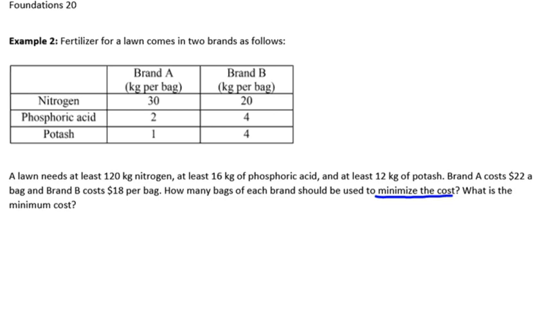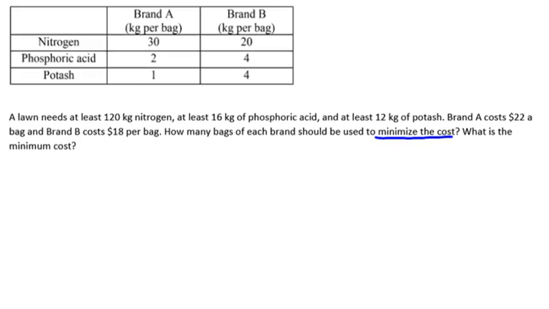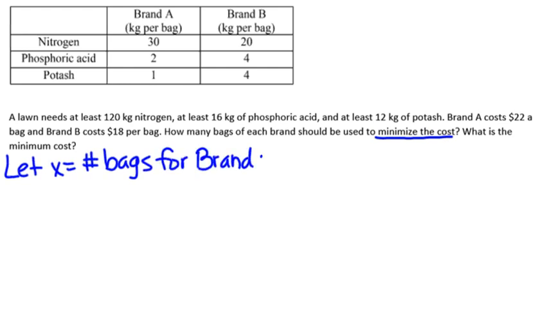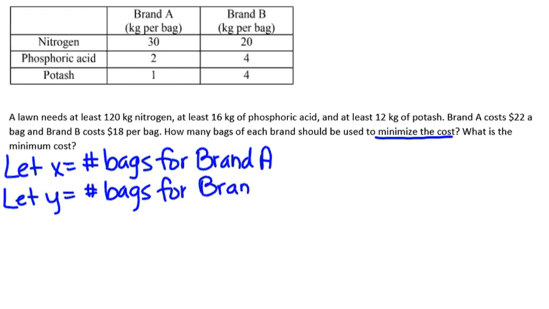So starting with defining our variables, our let statements. Let X be number of bags for brand A and let Y be number of bags for brand B. Our objective function, we want to minimize our cost.